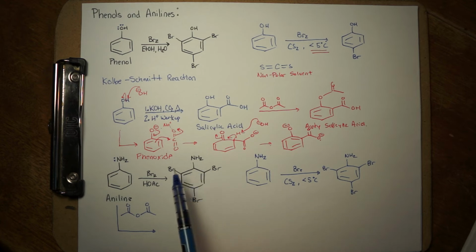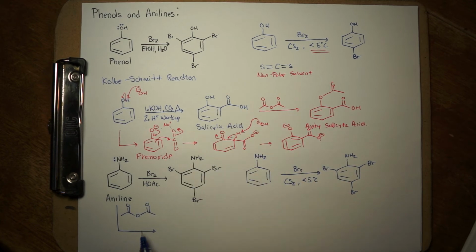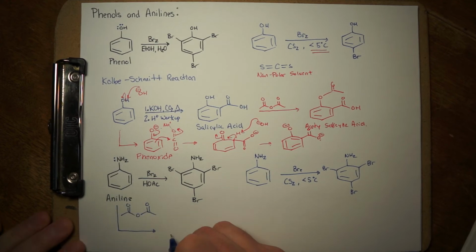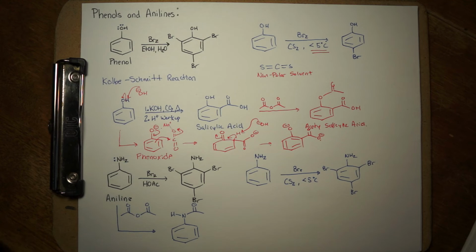And just like acetic anhydride was an acetylating agent up here for the oxygen, acetic anhydride will be an acetylating agent for nitrogen. So now we have an N-acetyl aniline.